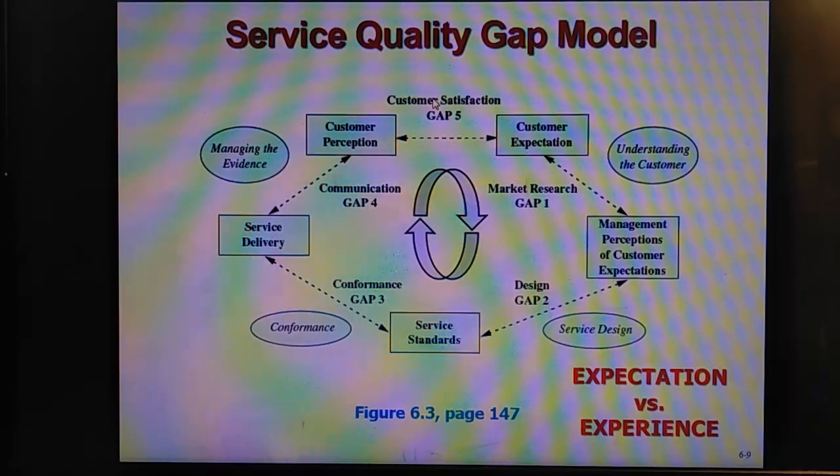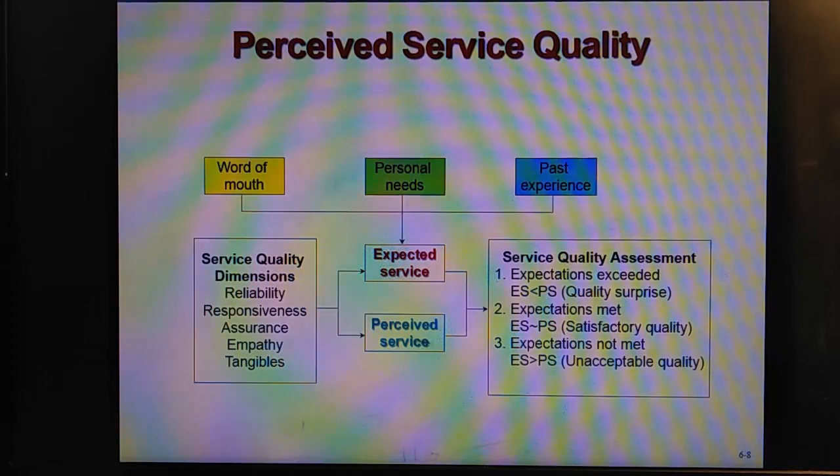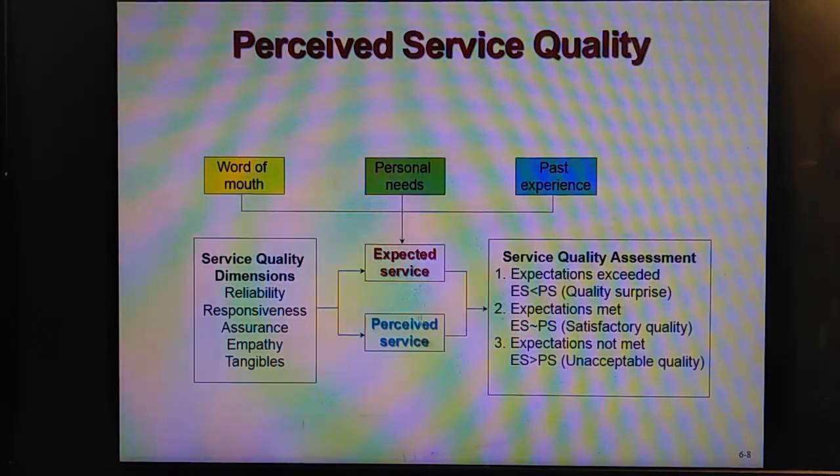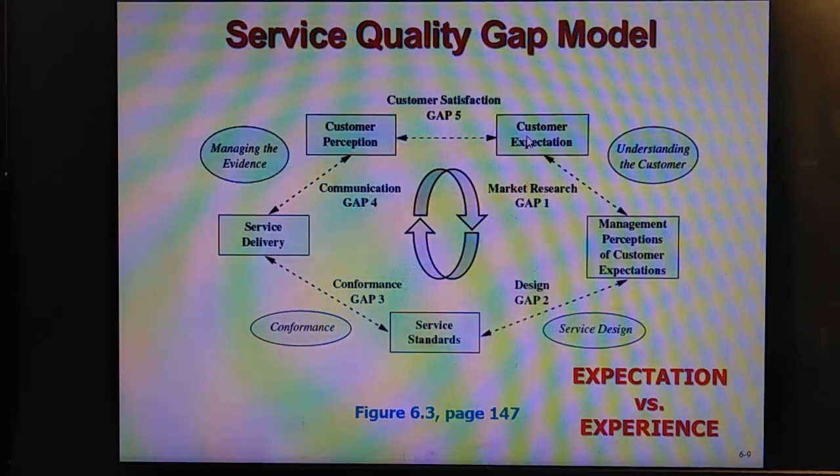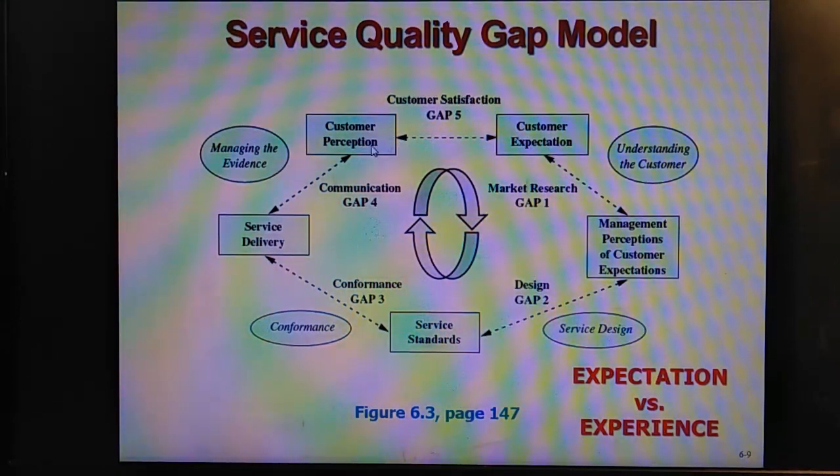Last but not least, it is the comparison between customer perception and customer expectation, as the previous slide shows, which is between the expected service and also the perceived service. Okay, this is the expected and this is the perception or the experience.